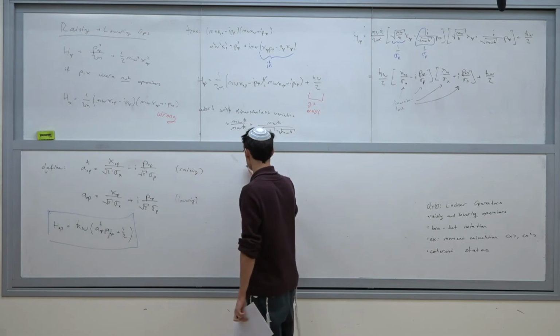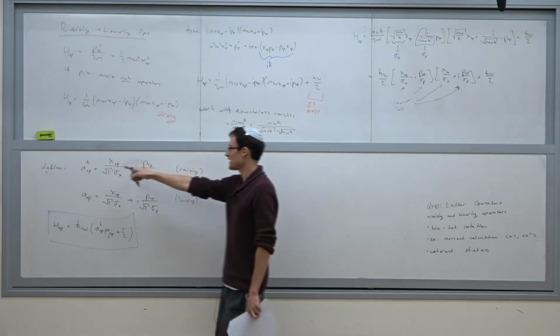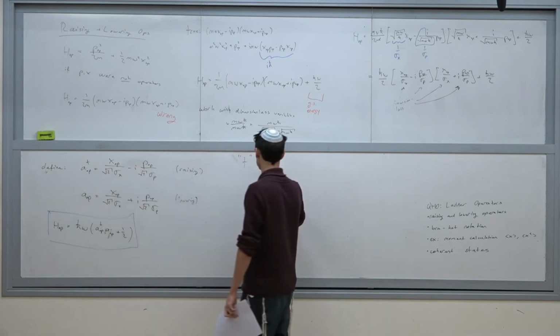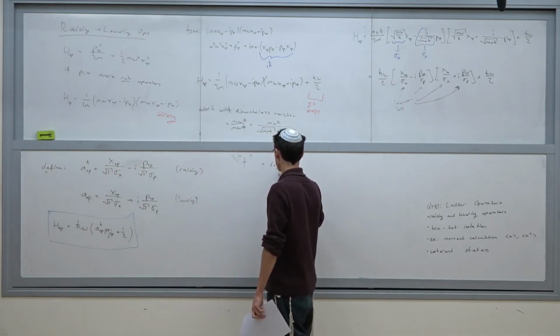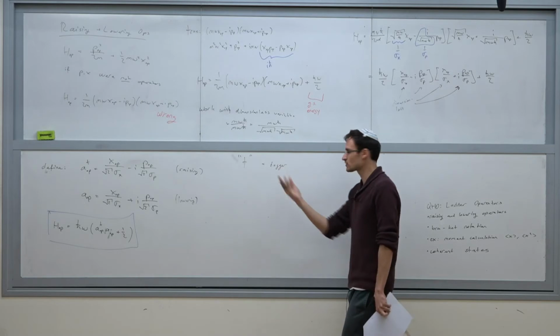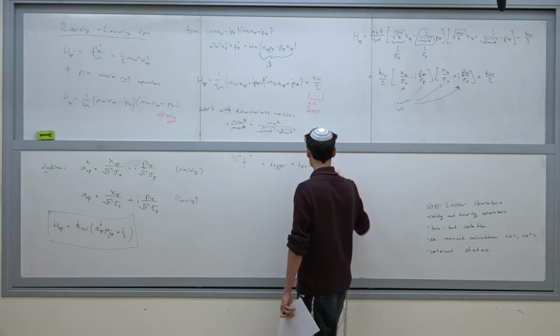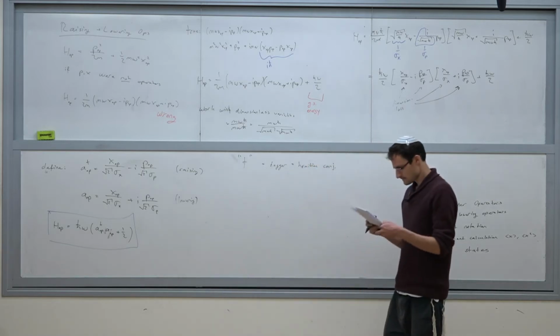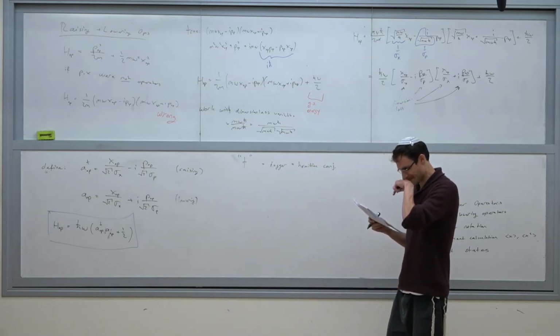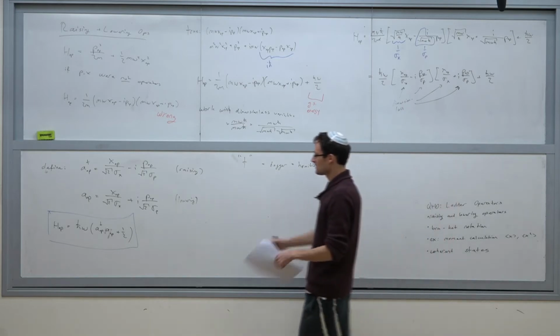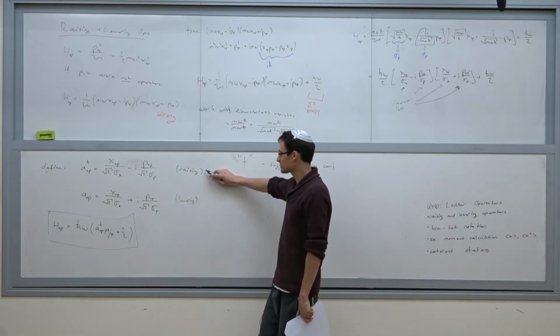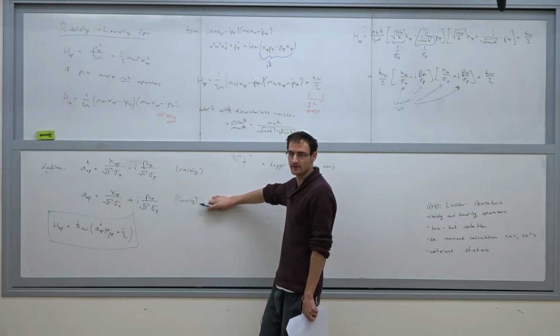This symbol that we put on top of the A is called a dagger. And it means take the Hermitian conjugate. So you see that the raising operator is the Hermitian conjugate of the lowering operator.